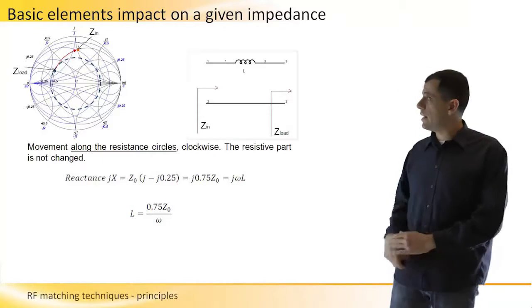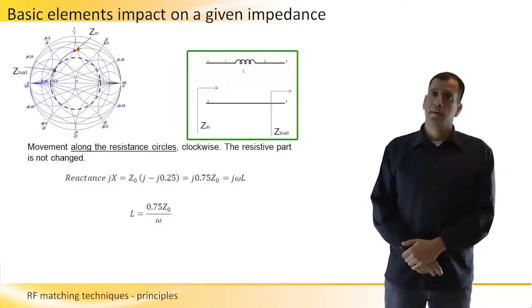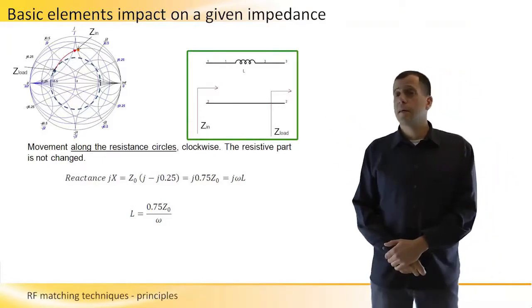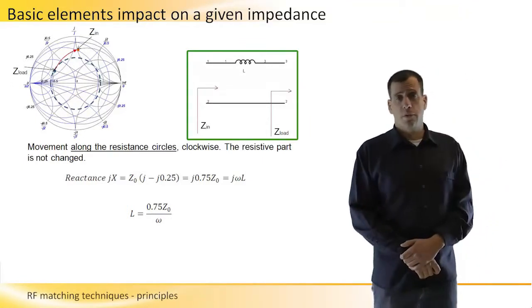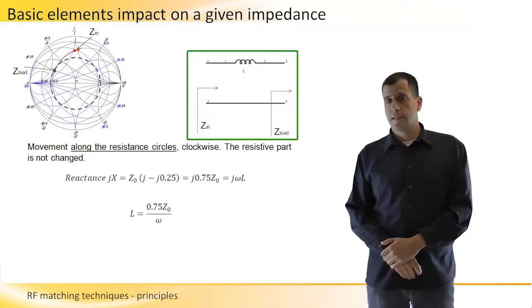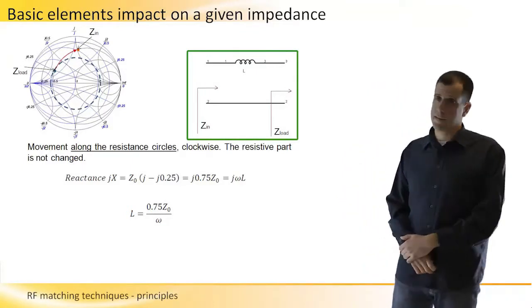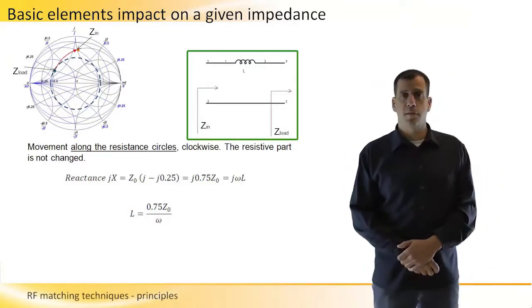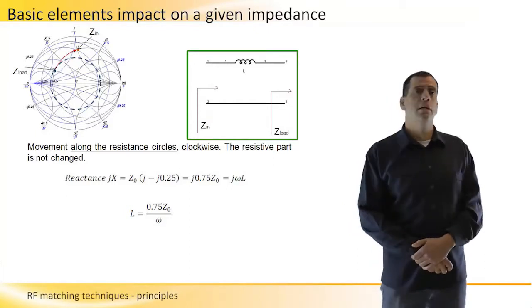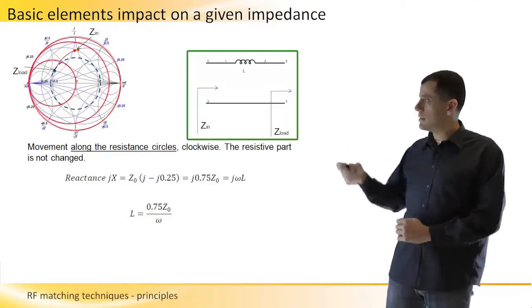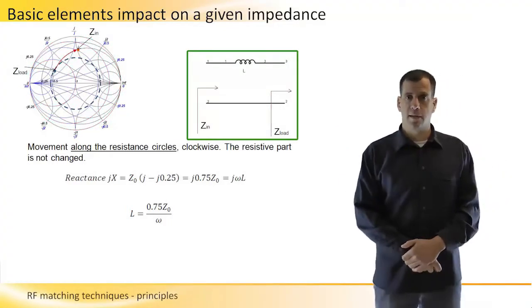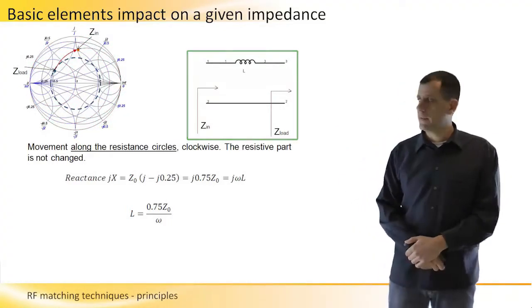But in this case, we have added an inductor in series to our load. In this case, it will be much easier to discuss the impedance. And of course, the impedance is divided into resistance and reactance.